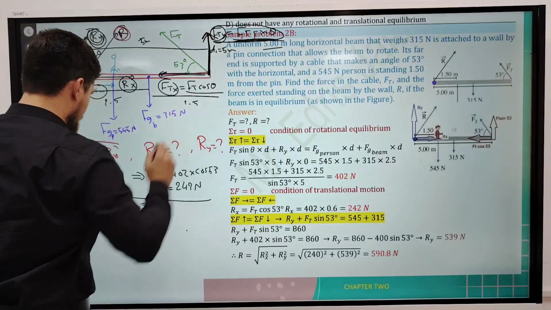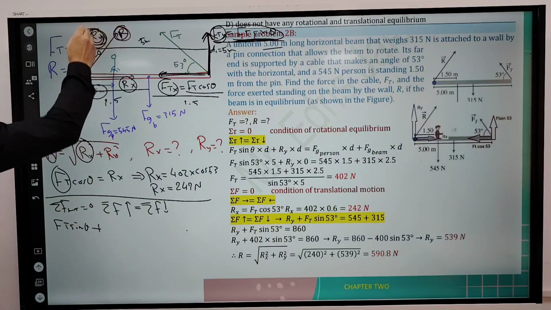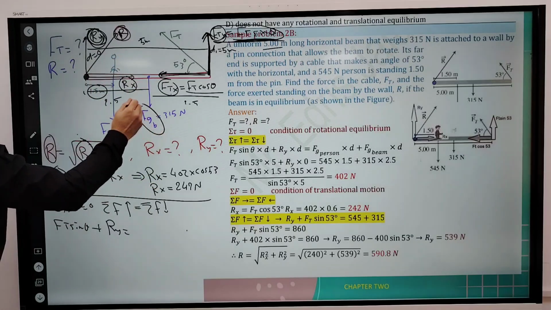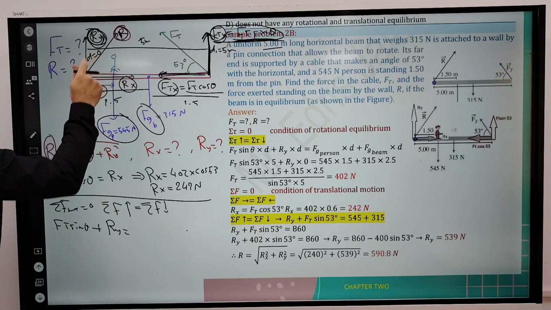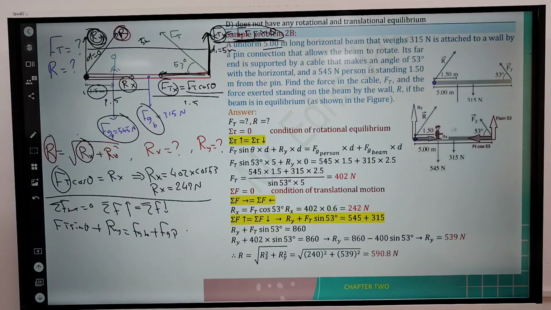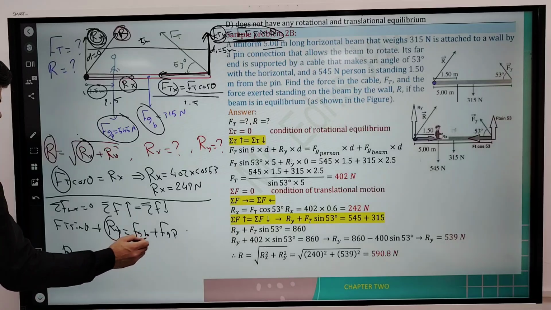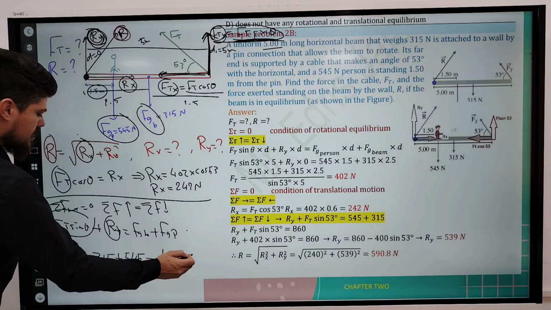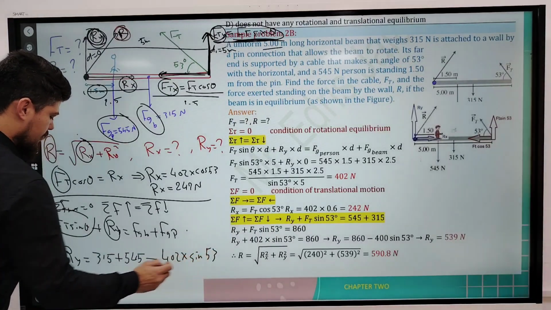Ft sine theta plus Ry is equal to the downward forces: Fg of the beam and Fg of the person. Ry is unknown, so take Ft sine theta to the other side: Fg beam 315, Fg person 545, minus Ft 402 times sine 53, rearranging the equation.